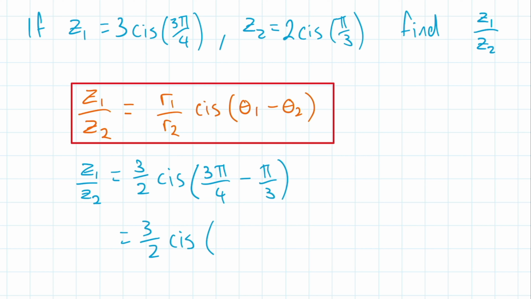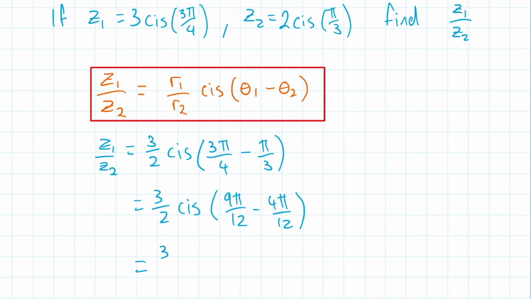If I raise these both to the lowest common multiple, that's going to become 9 pi on 12 minus 4 pi on 12. Because my denominators are the same, I simply just subtract my top numbers. I'm going to be left with 5 pi on 12. And this time it is in my principal argument form, where it's between negative pi and pi, so I can just leave my angle as is.